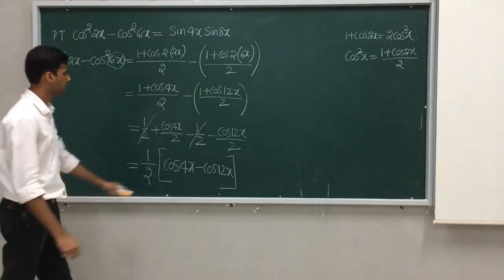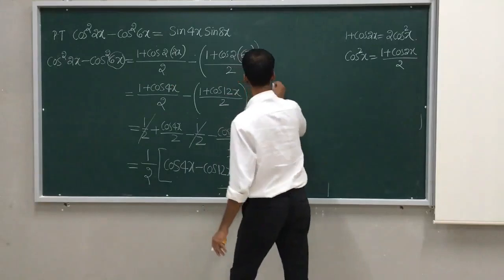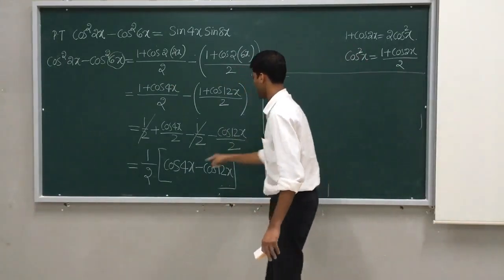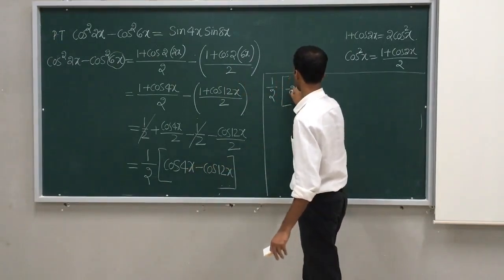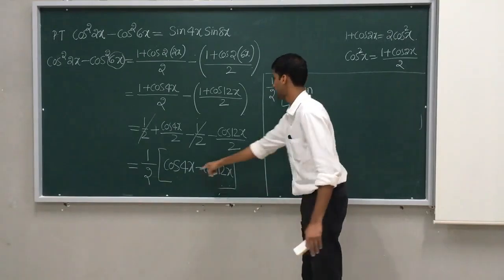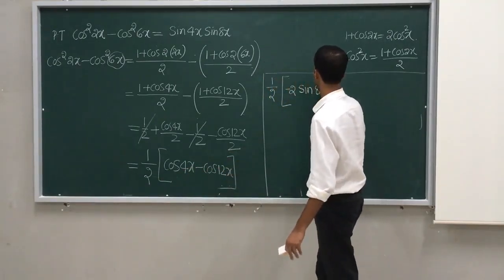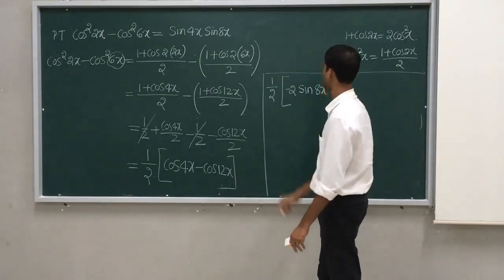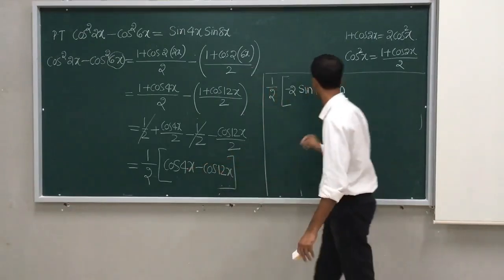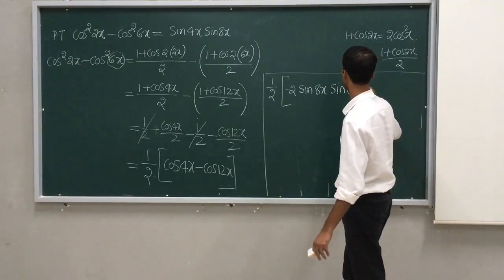Now cos c minus cos d. So for cos c minus cos d, we will use the formula. Cos c minus cos d is minus 2 sin (c plus d)/2, 4x plus 12x, 16x, 16x by 2, 8x, sin (c minus d)/2, that is 4x minus 12x is minus 8x, 8x by 2 is minus 4x.